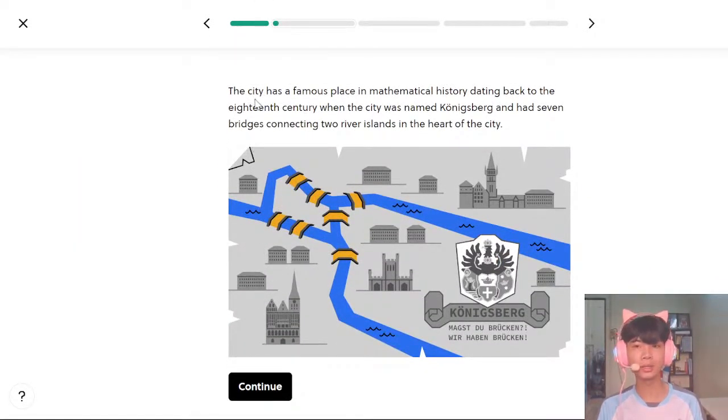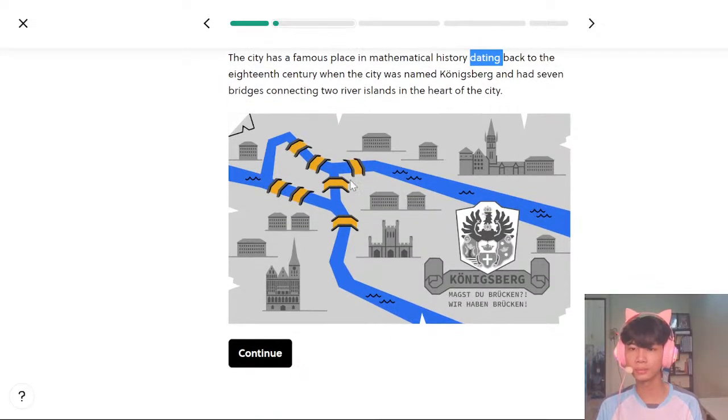The city has a famous place in mathematical history dating back to the 18th century. The city has several bridges connecting two river islands in the heart of the city.